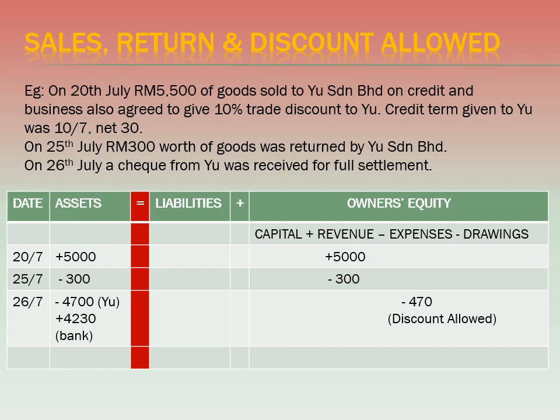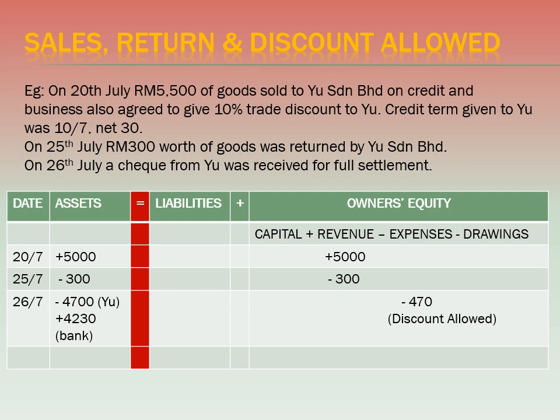Okay, so on the 20th, the sales transaction occurs. So 5,000 ringgit is added under the asset column, and 5,000 ringgit is added to the revenue column. On the 25th, the return. On the 25th, there will be a return.